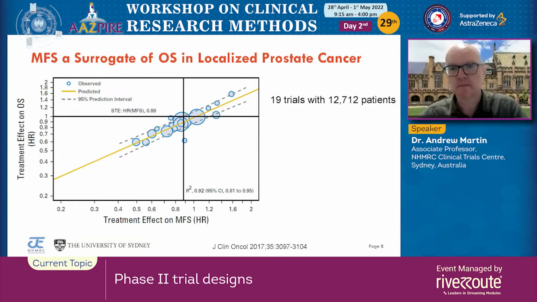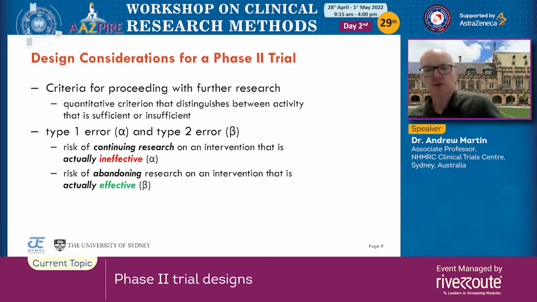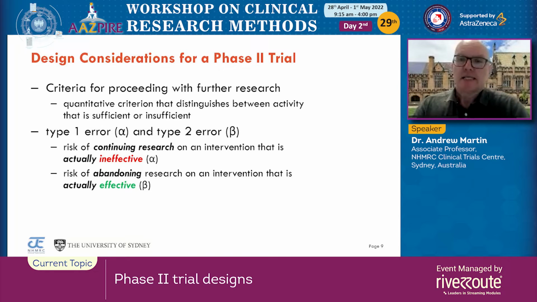Okay, so we've talked quite a bit about intermediate endpoints, surrogate endpoints, and their role in a phase 2 setting where we're trying to determine the activity of a treatment on a particular endpoint.